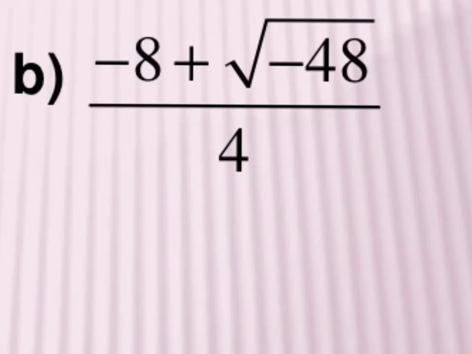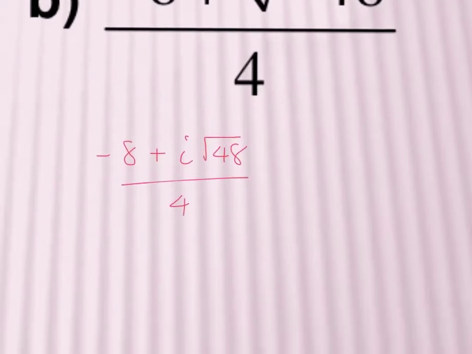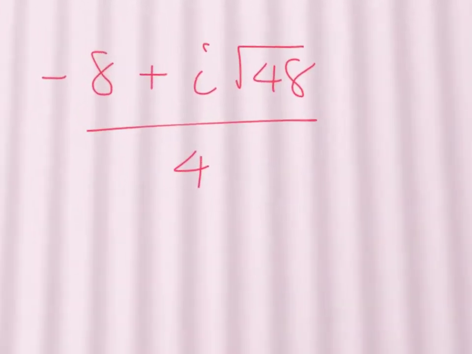Alright, part B, I'm going to begin in similar fashion. I want to begin by evaluating the negative first. So let's rewrite it. We got negative 8 plus i square root 48 over 4. Okay, and square root of 48, think of factors. The highest factor that you could take the square root of for 48.